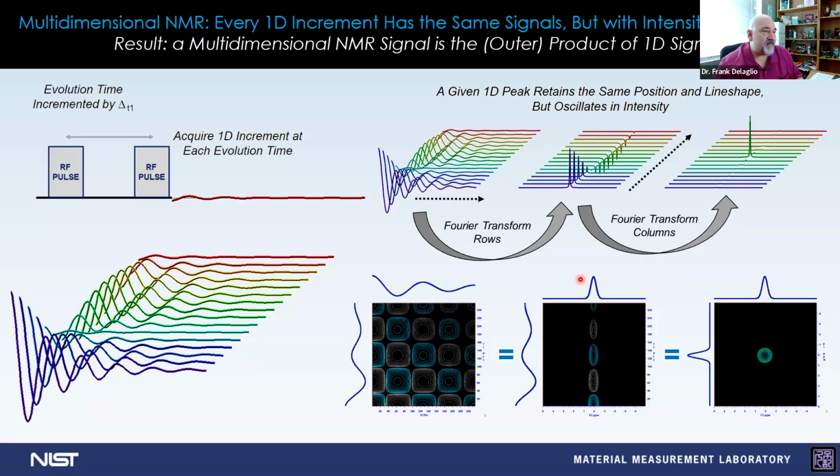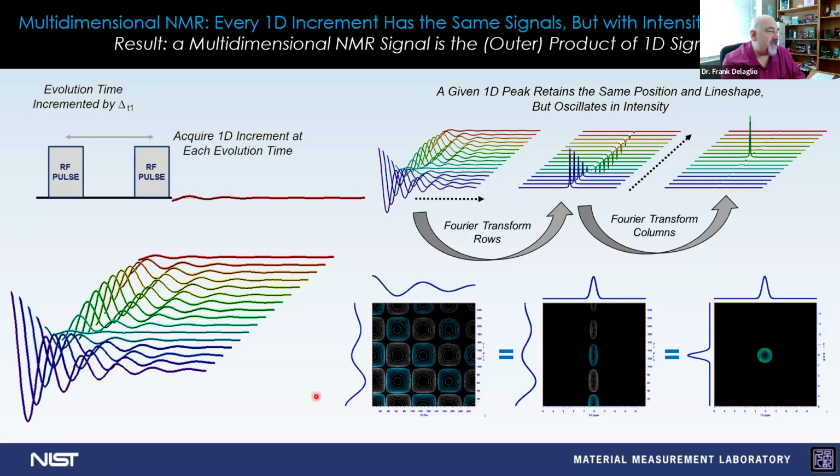And the other thing to keep in mind is, since we're starting with one-dimensional signals that are modulated in one or more indirect dimensions, even though we acquire a multidimensional matrix, the points in that multidimensional matrix are not independent of each other.